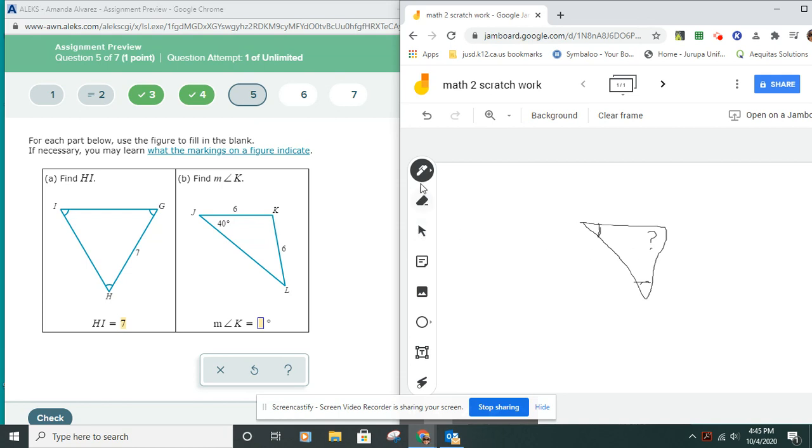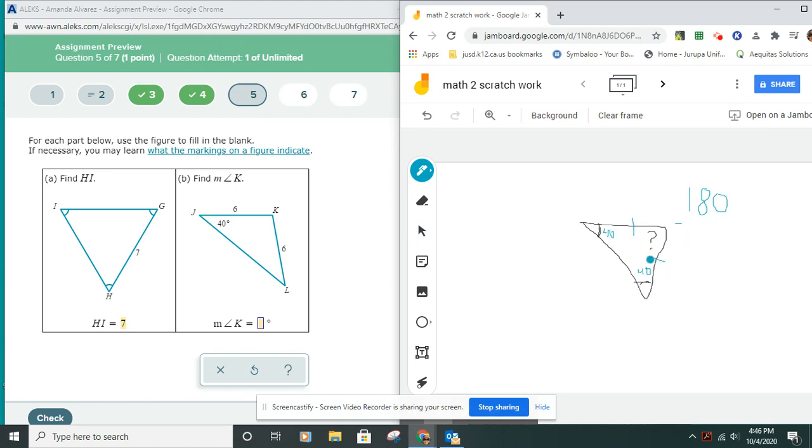Okay, so what I would do is I would go ahead and I know that all the angles add up to 180. And then I have to subtract the angles that I do know. I know that J is 40. It's 40 degrees there, and it's 40 degrees here because it is an isosceles triangle since we've got 6 and 6.